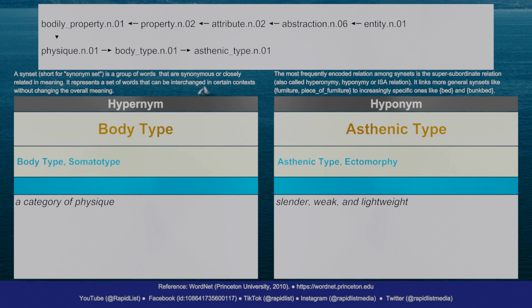Asthenic type. Slender, weak, and lightweight. Athletic type. Muscular and big-boned. Endomorphy.